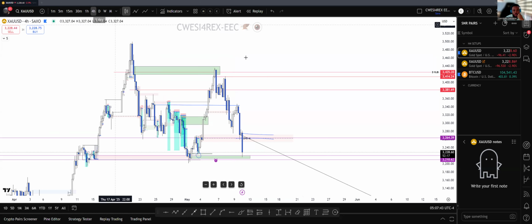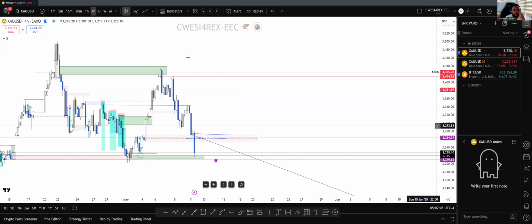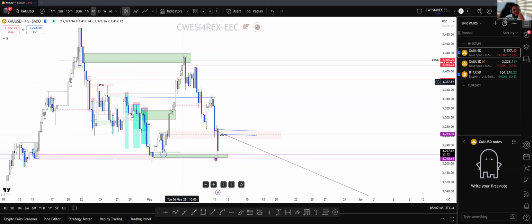Okay. So over here, you can see we have this bearish engulfing. We have this bearish engulfing after price rejected the daily level that we have over here. We had an H4 breakout.